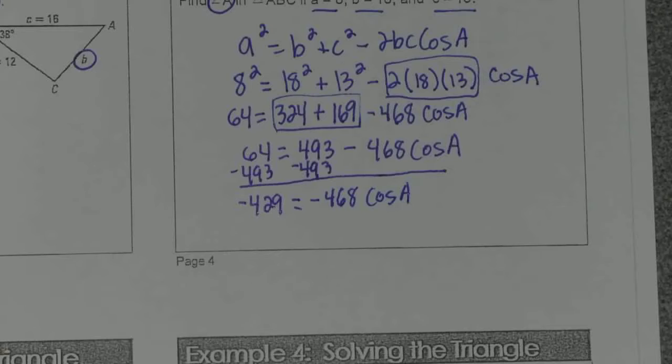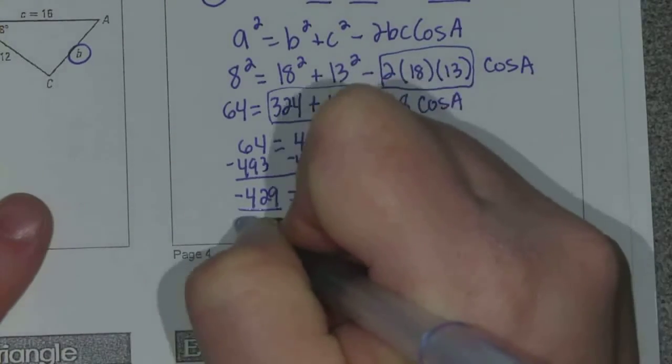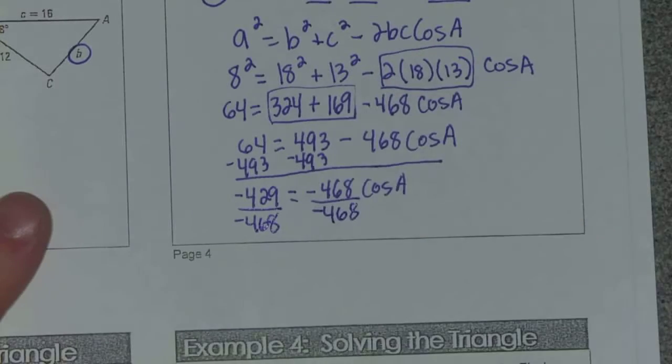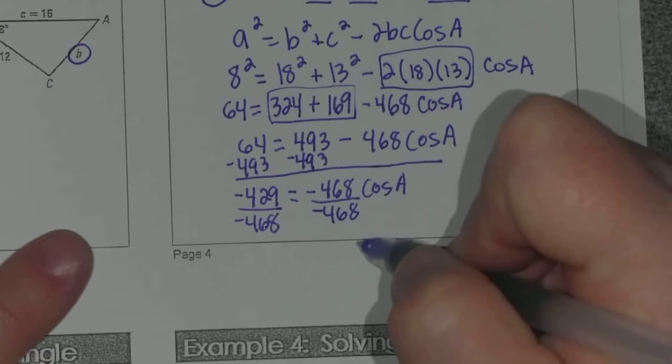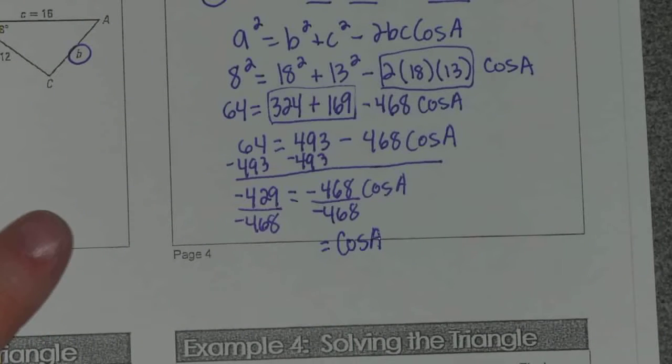All right, who's got my next step for me? Divide by negative 468, right? Nice job. And I got 0.9166.